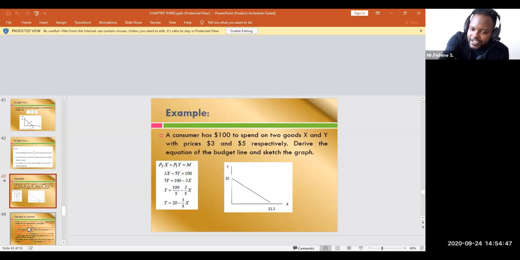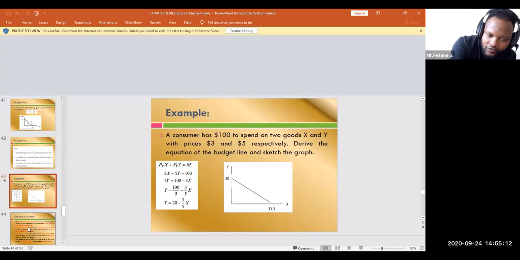From this you can sketch the graph. How do we sketch it? If the value of x is 0, then y is equal to 20 minus 3/5 times 0, which is 0, so y is equal to 20.